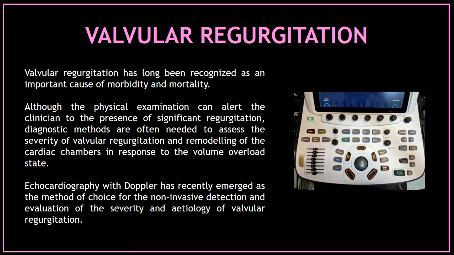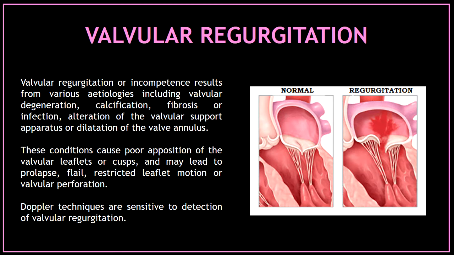Echocardiography with Doppler has recently emerged as the method of choice for the non-invasive detection and evaluation of the severity and etiology of valvular regurgitation. Valvular regurgitation or incompetence results from various etiologies including valvular degeneration, calcification, fibrosis or infection, alteration of the valvular support apparatus, or dilatation of the valve annulus.